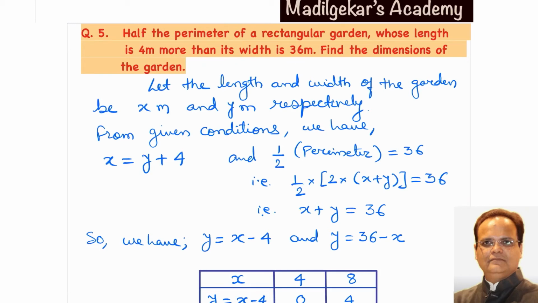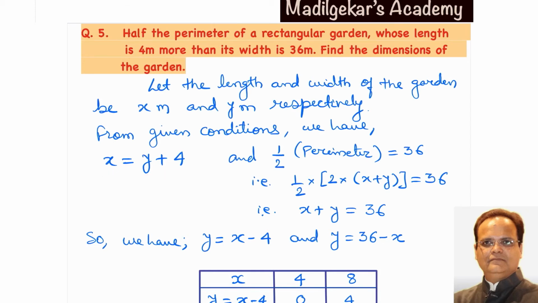Let us consider the length and width of the garden to be x meter and y meter respectively. From the given conditions, we have x equals to y plus 4. It is given in the question that the length is 4 meter more than its width, means length x equals to width plus 4.